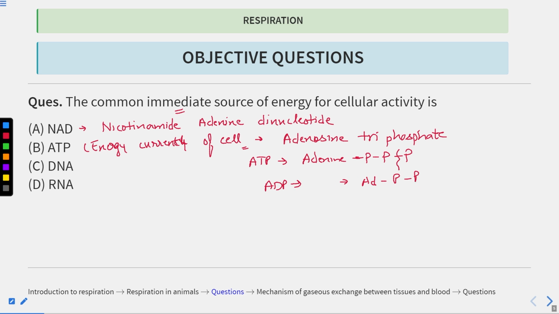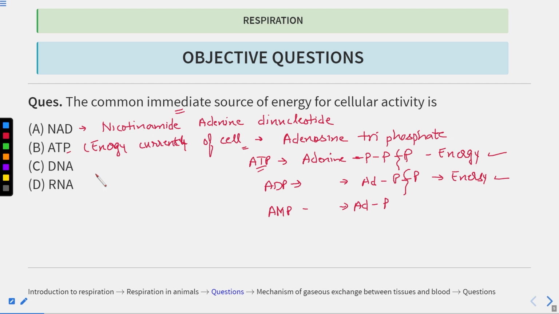Then there will be a breakdown of this phosphate also, and in this process, energy will be released by the breakdown of the ATP. Then AMP, adenosine monophosphate, will be produced, meaning adenine is attached to just 1 phosphate. This energy is released by the breakdown of the phosphate groups present in the ATP. Clear? That's why the immediate source of energy is ATP.